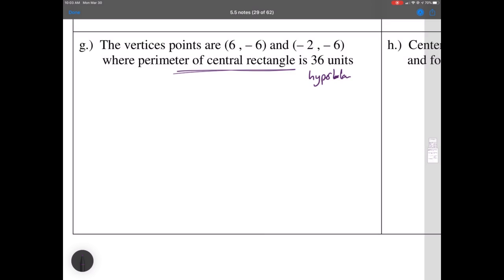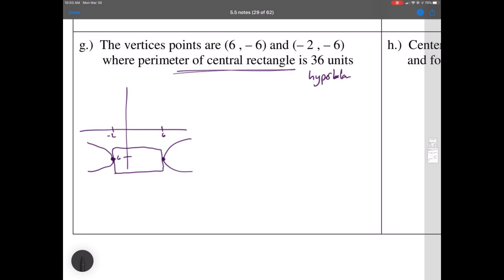So remember, if I was to graph that, I have one vertex here, and the other one would be here. So that means it's going to look something like this. But remember, I have that central rectangle on the inside, and it has a perimeter of 36 units.